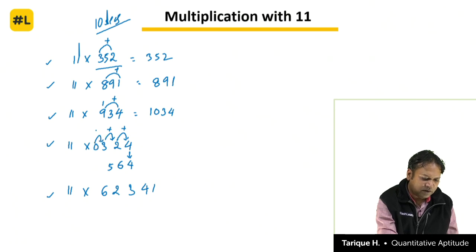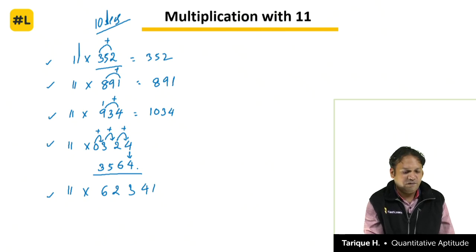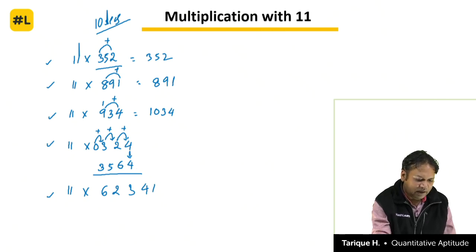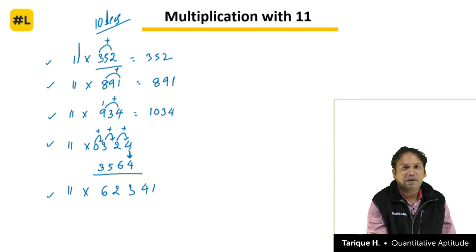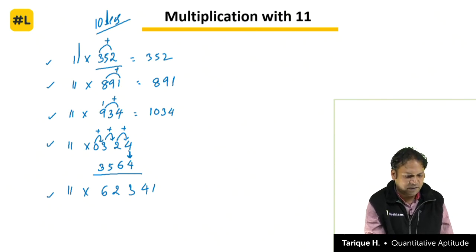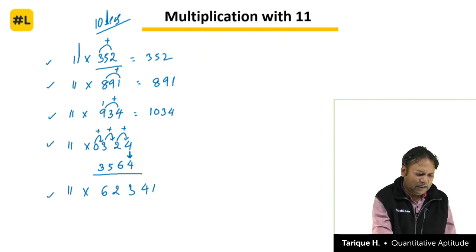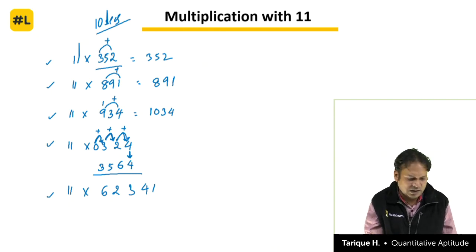So 0 plus 3, 3. So what is the answer? 3564. Very simple again. First, the rightmost number comes down as it is. No change there. Then we add the next number here. 2 plus 4. Then 3 plus 2. 0 plus 3, that gives you the answer. Very simple, easy to learn, nothing difficult here.